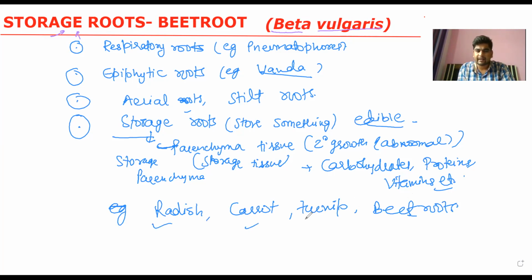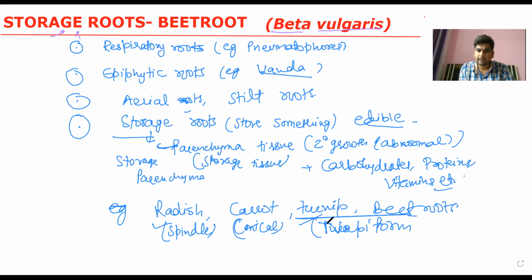Like radish, carrot. There may be a shape difference, although morphologically carrot is cone shaped, conical. Radish is spindle shaped. Turnip and beetroot are napiform shaped. Napiform, N-A-P-I, napiform shape.